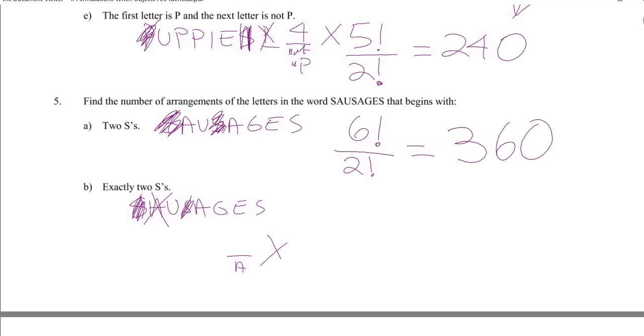And what's left? Okay, we don't have the S, right? So the second letter can't be an S. But if it's an A, then what's left? 1, 2, 3, 4, 5. So that'll be 5 factorial and no repeating.